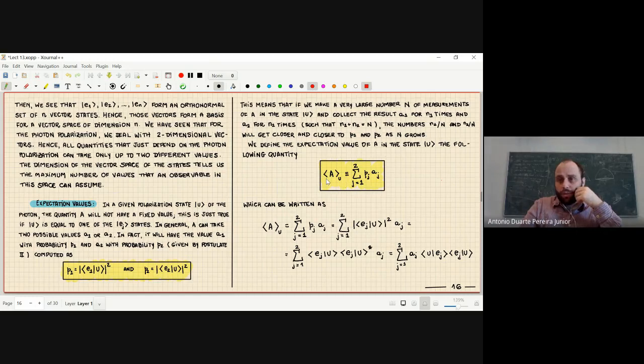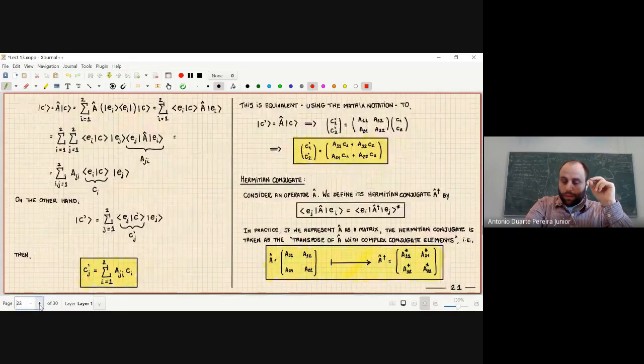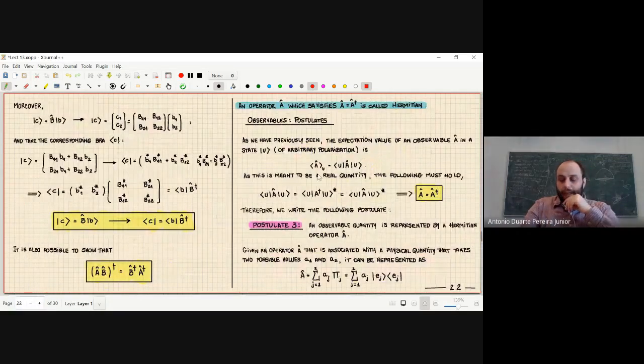So the expectation value of an operator in a given state U must be a real number, okay? So this is a property. Now I have this definition of the expectation value, and this number must be real, okay?